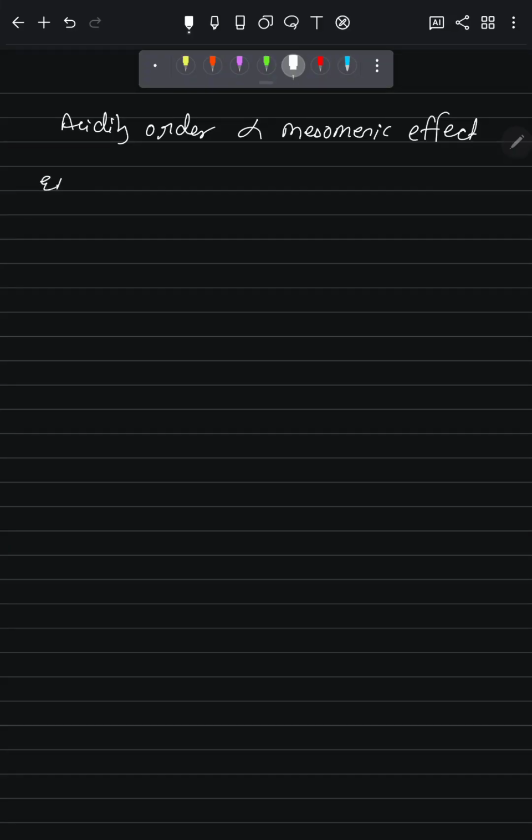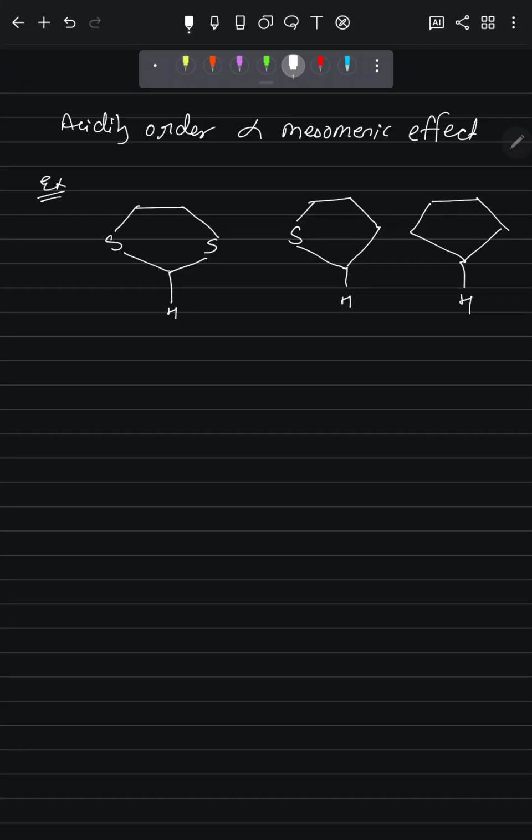So let's take another example. A 5-membered ring with 2 sulfurs and a hydrogen, 1 sulfur and a hydrogen, and nothing and a hydrogen. We know that for acidity, the hydrogen is removed and a negative charge will come here, and hydrogen is removed, negative charge will come here, hydrogen is removed and negative charge will come here.